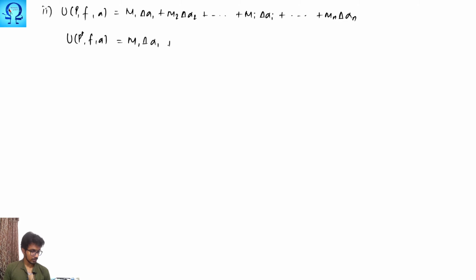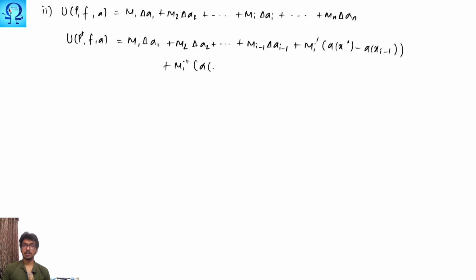M1 delta alpha 1 plus M2 delta alpha 2, and it comes till Mi minus 1 delta alpha i minus 1, plus Mi prime of alpha of x star minus alpha of xi minus 1, plus mi double prime of alpha of xi minus alpha of x star, then mi plus 1 delta alpha i plus 1, and it comes till mn delta alpha n.